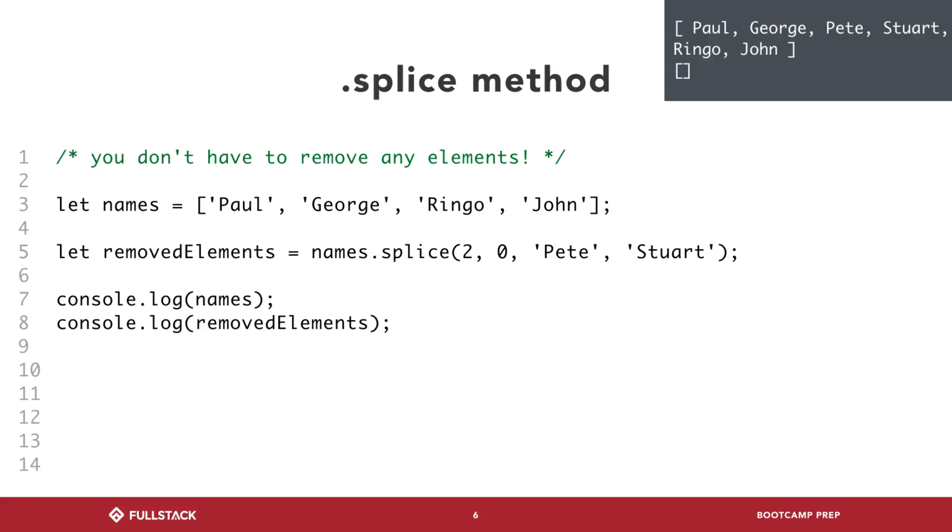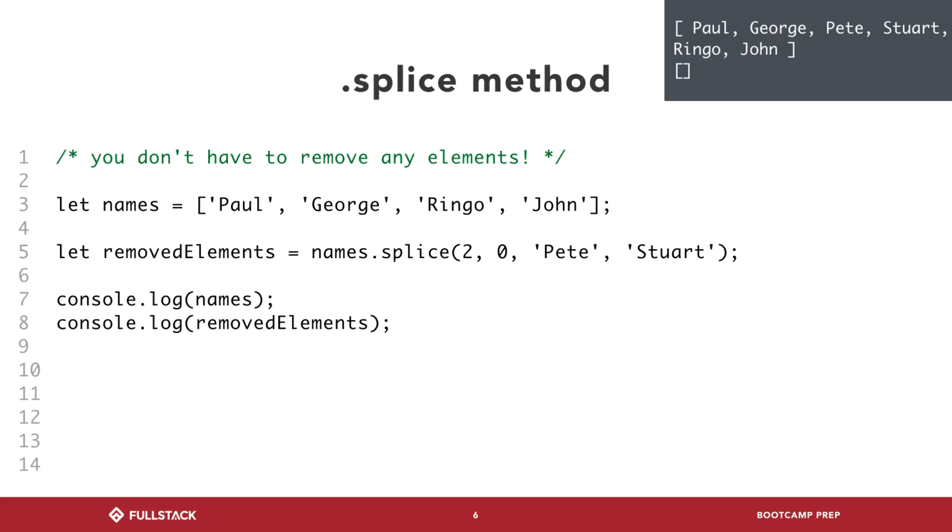The second argument has to be the number of things I take away, right? So if I don't want to take anything away, then I have to put a 0 here so that it knows this is the number to take away. Because if I jump straight to this, if this didn't exist, then splice would think, oh, okay, you want to take away that number of elements. And I actually don't know if it'll throw an error or if it'll convert it to a 1, like a truthiness, and take away 1 thing. So you just don't want to go down that path, right?